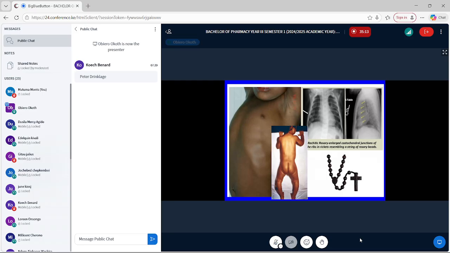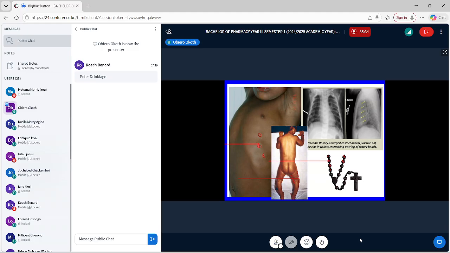Yes, this is bowed leg. Rachitic rosary is what you're seeing here. It looks like a rosary of the Catholics. That's why it's called rachitic rosary.